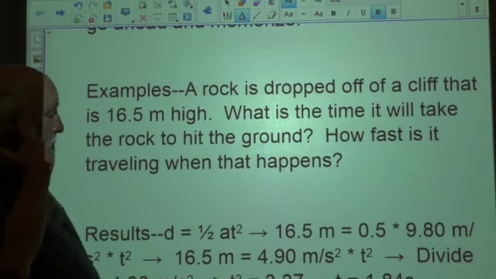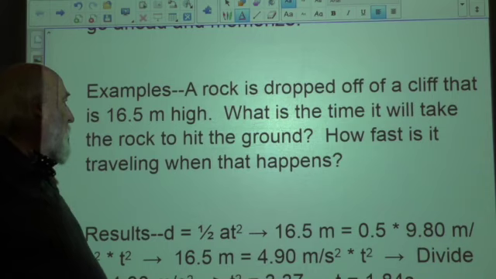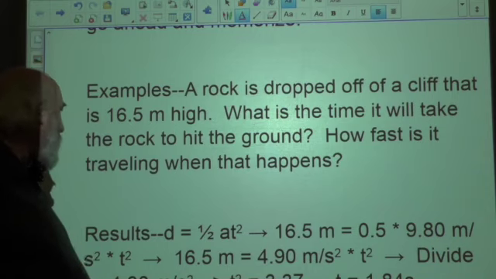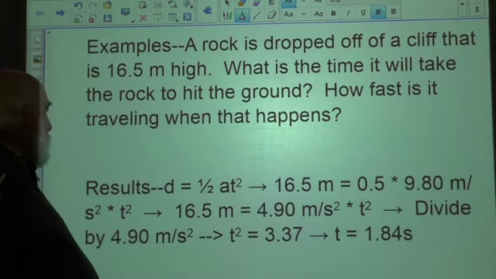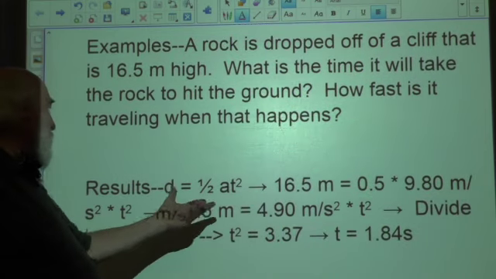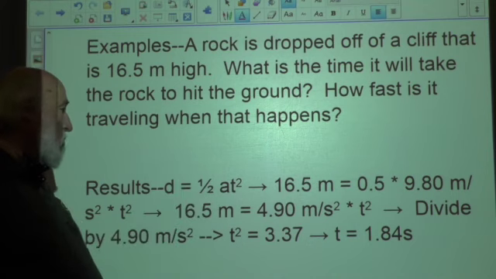So here's an example. A rock is dropped off a cliff that is 16.5 meters high. What is the time it will take for the rock to hit the ground? And how fast is it traveling when that happens? Okay, so we know that D equals 1/2 AT squared, and that A in this case is G, so we really should have G there.